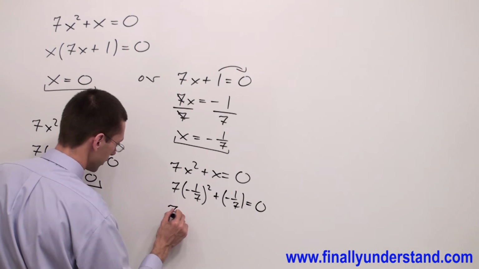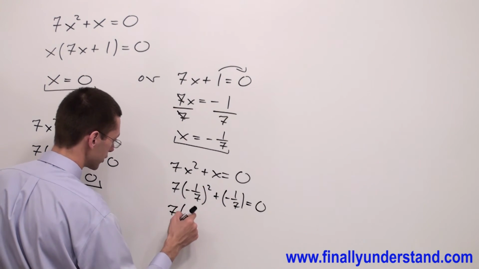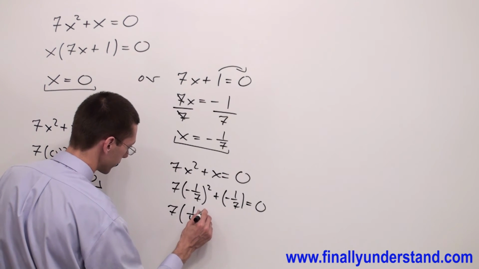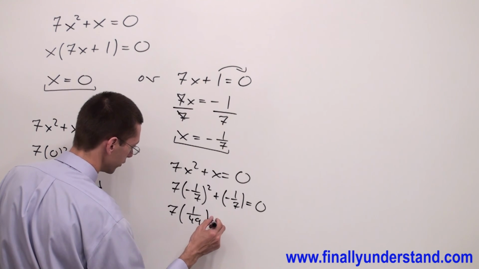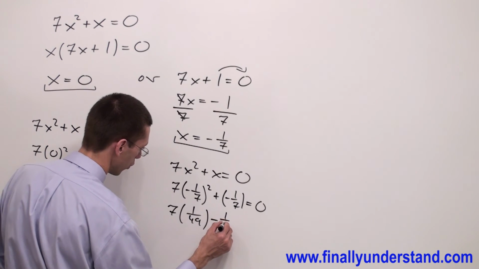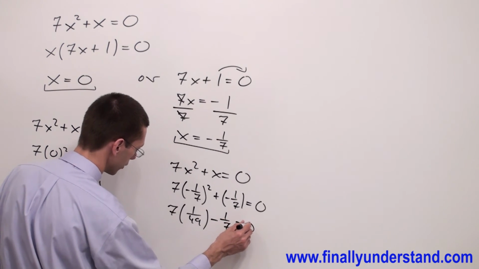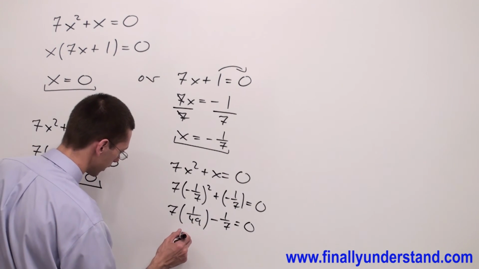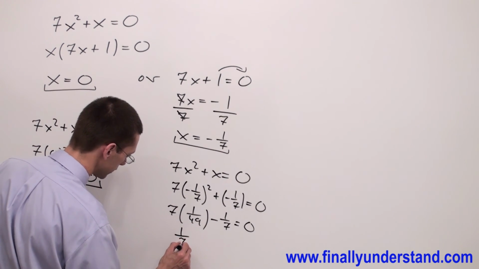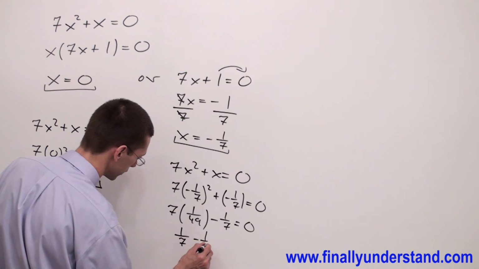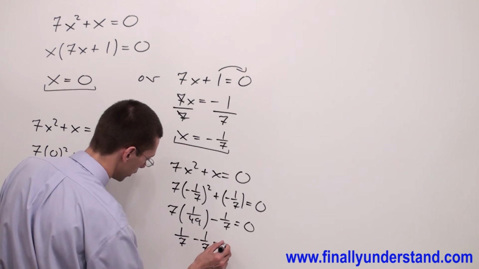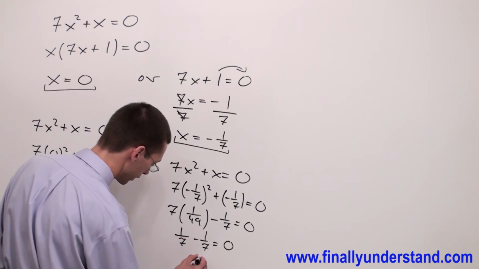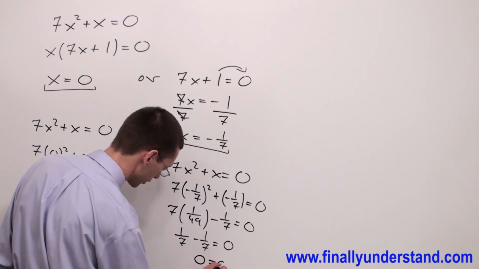(-1/7) to the second power is equal to 1 over 49. Positive times negative gives me -1/7, equal to 0. 7 and 49 are going to cancel out, and you are going to end up with 1/7 minus 1/7 is equal to 0. 1/7 minus 1/7 gives me 0, so I have 0 equals 0.